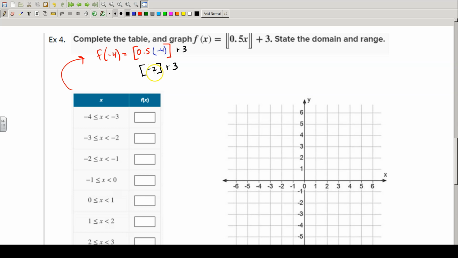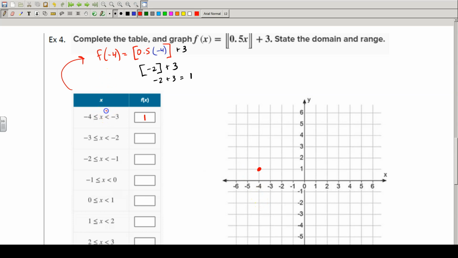And the greatest integer that is less than -2 is itself. It's -2. If you round that down, it's just going to stay at -2 plus 3. And that equals 1. So this right here is going to be 1 for my output. In other words, if I go to -4 on my x-axis and then I go to 1, I'm going to have this point that exists.